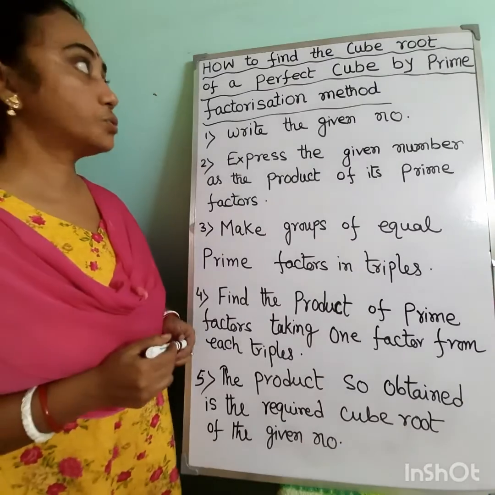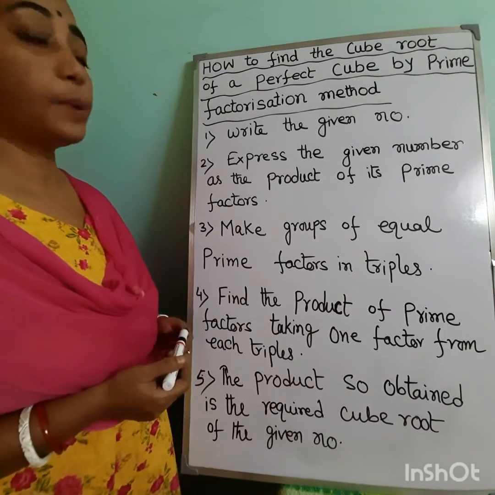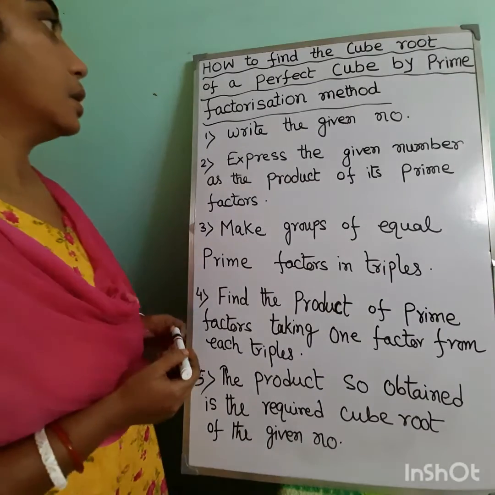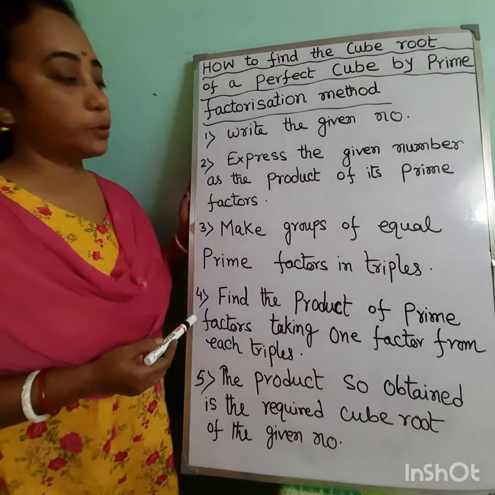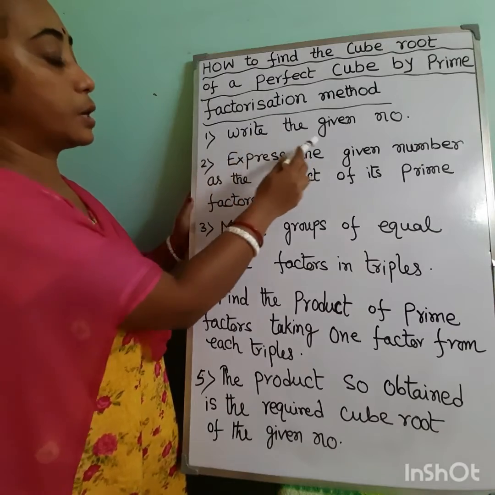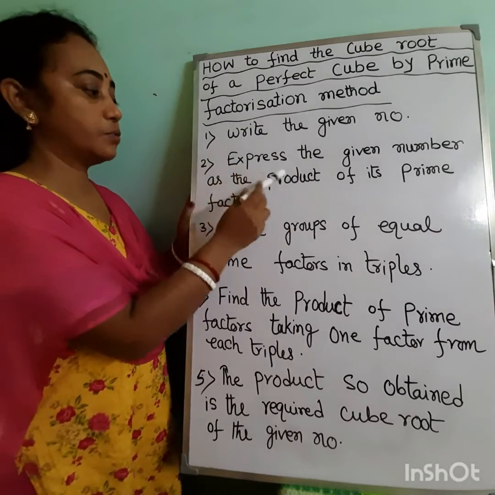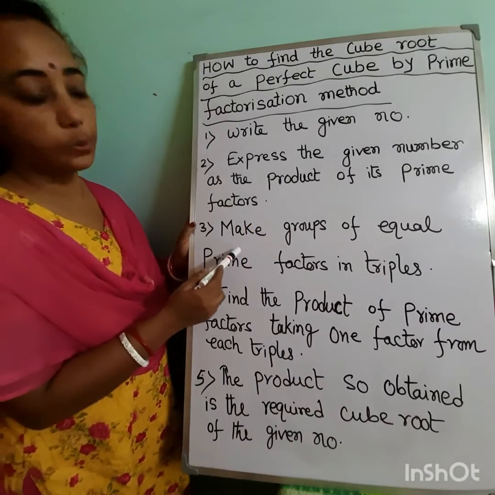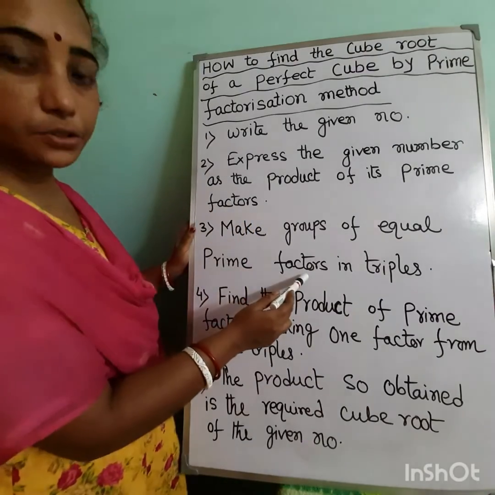Let's see how to find the cube root of a perfect cube by using the prime factorization method. The following steps are to be followed. First, we write the given number. Second, we express the given number as the product of its prime factors. After that, we make groups of equal prime factors in triples.